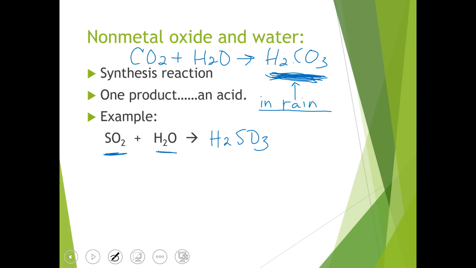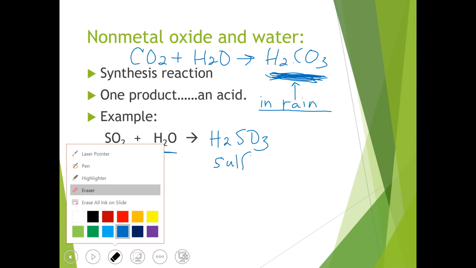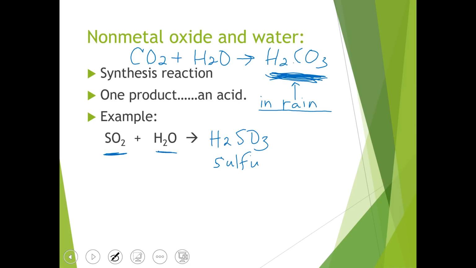This is sulfurous acid because that is the sulfite anion. And remember, the ite gets changed to OUS, and then because of the sulfur, we always have to stick the UR before we put the OUS. So that's sulfurous acid. So sulfur dioxide and water will make sulfurous acid.